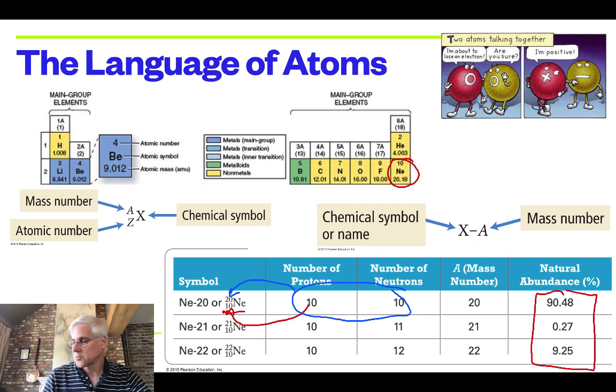And so sometimes for the neon isotope that has 10 protons and 10 neutrons, so it has a mass number of 20, we would just say neon 20. If it has 10 protons and 11 neutrons, we would say that that is neon 21. So lots of different ways of expressing the same element. Again, chemistry tends to have its own language.